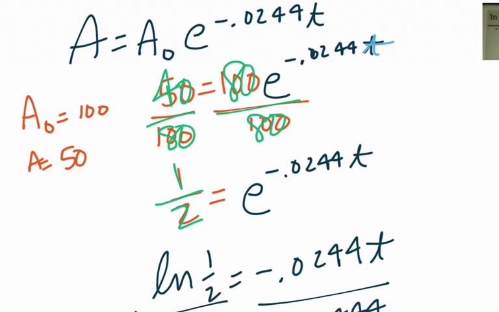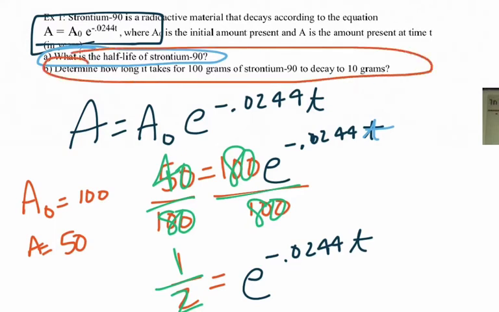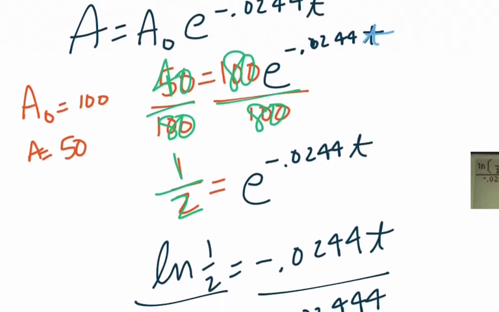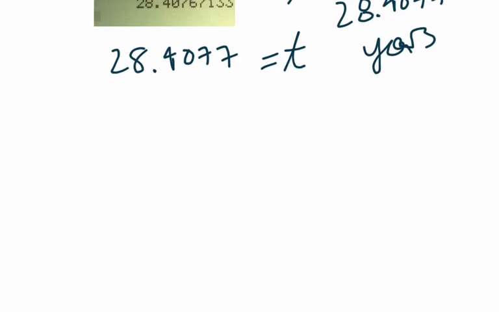Now, the second part of this particular question talks about determine how long it would take for 100 grams of strontium-90 to decay to 10 grams. Now, in order to do that, we are going to use our new formula, and we are going to talk about 100 grams decaying to be 10 grams.